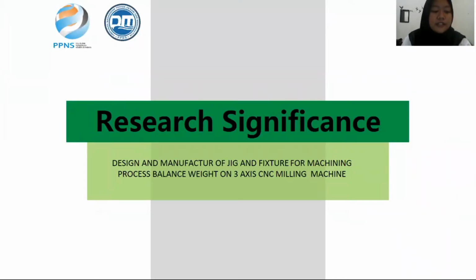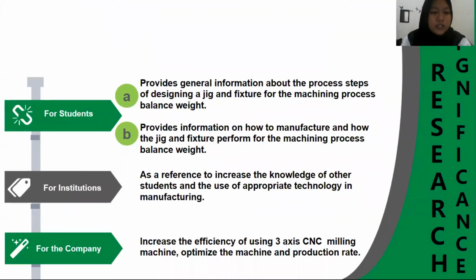Research significance. The benefits of writing this final project are: For students, provide general information about the process steps of designing a jig and fixture for the machining process balance wheel, and provide information on how to manufacture and how the jig and fixture perform for the machining process balance wheel.